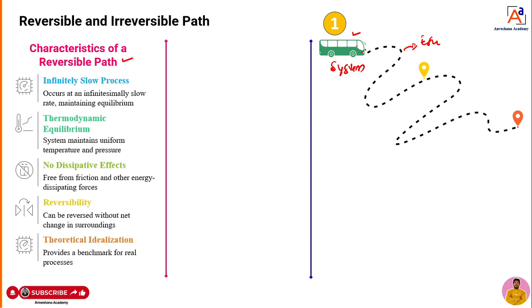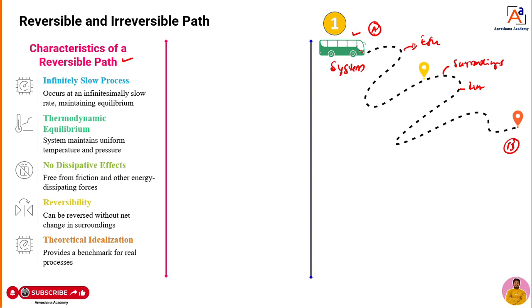A bus is moving from point A to B. Again it will go from B to A, but there are no changes in the surroundings. If it is following such a path with no changes in the surroundings, that path we can call a reversible path.